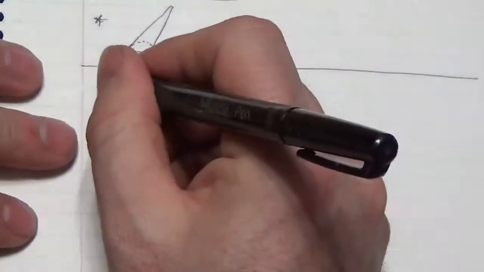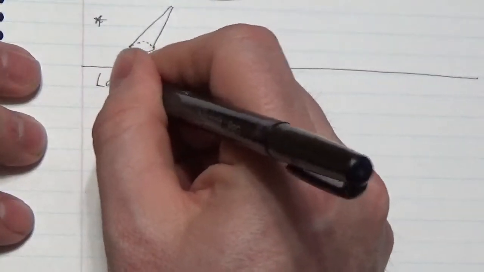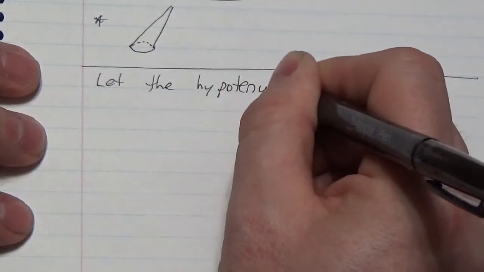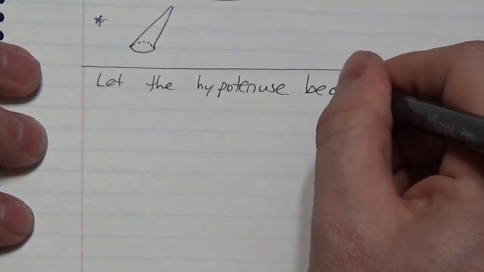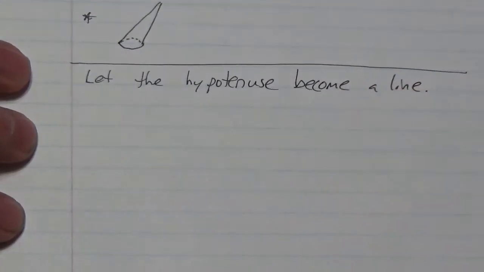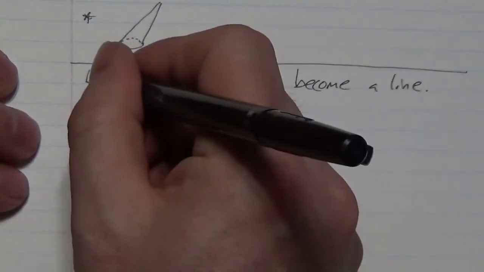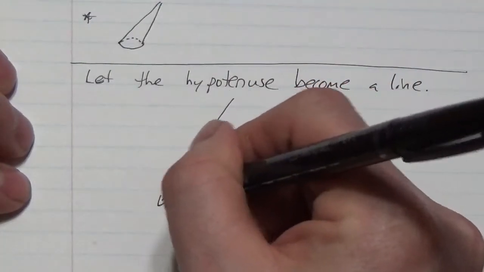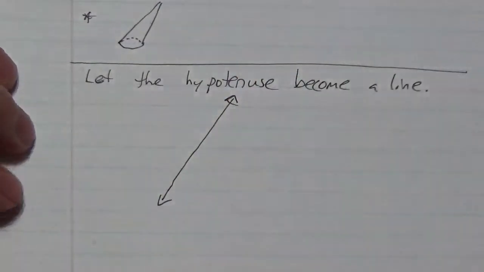What if we let the hypotenuse become a line? Now, some of you are going to look at that and say, hello, it is a line. Actually, it's a line segment. What I mean by line is I'm going to let that go off infinitely in both directions here.